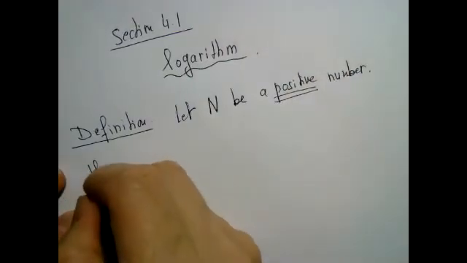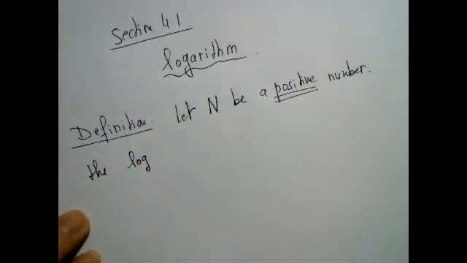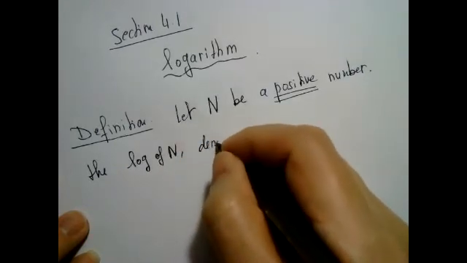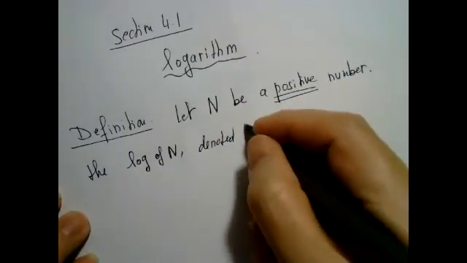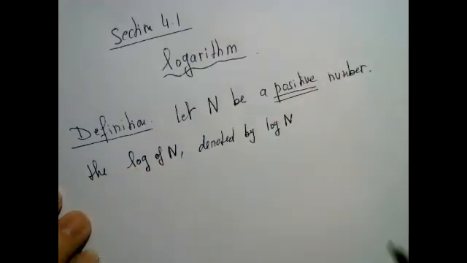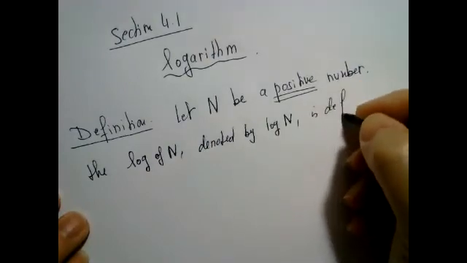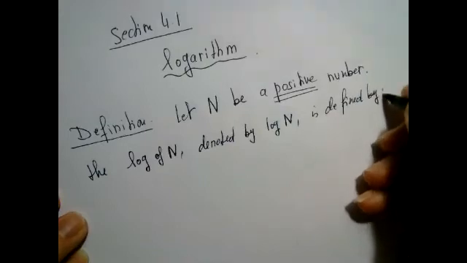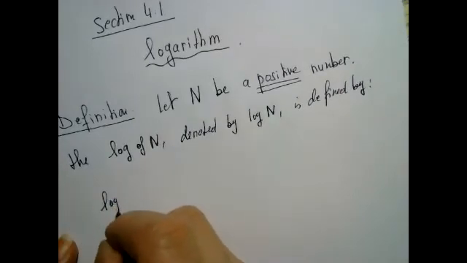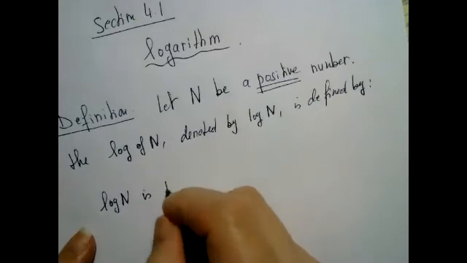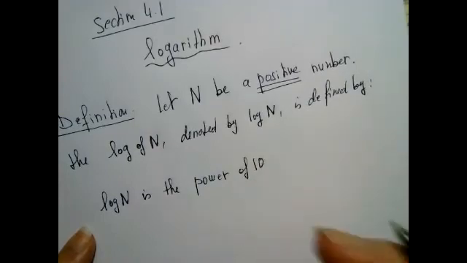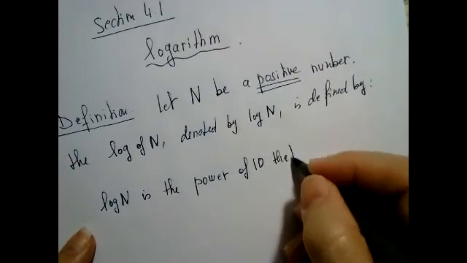Then the log of n, which is denoted by log n, so we're defining a new function, a new rule, is defined by: log n is the power of 10, the power of the number 10 that gives n.